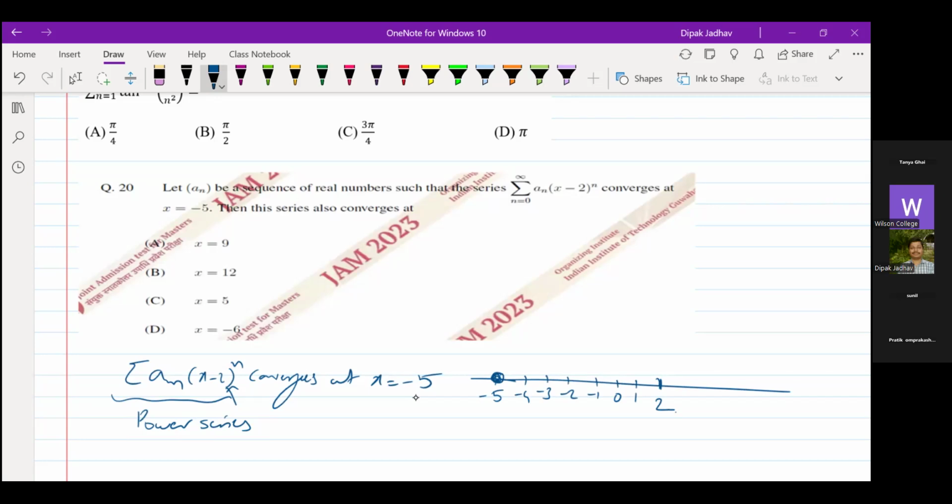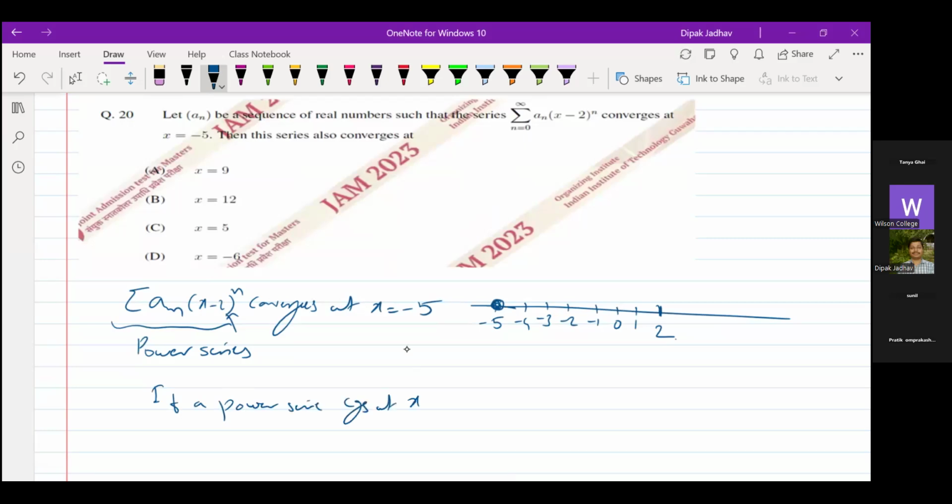So we have seen a result which says that if a power series converges at x equal to x naught, then it also converges in the interval a minus absolute value of x naught to a plus absolute value of x naught, where a is the center of that power series.